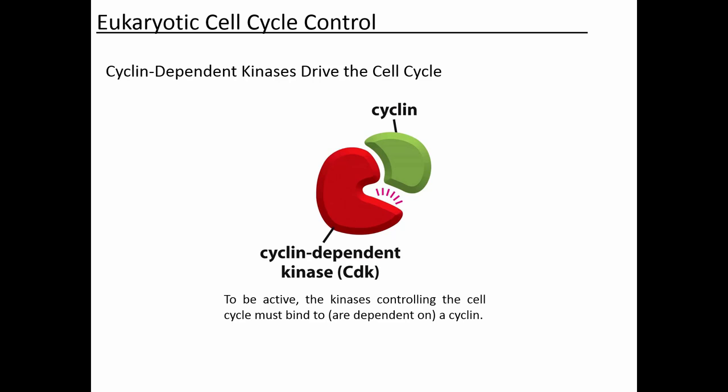If the cyclin-dependent kinase doesn't have the cyclin bound to it, it's not active. In order for it to be active, it has to have the cyclin bound to it, and so that makes it dependent on that cyclin.